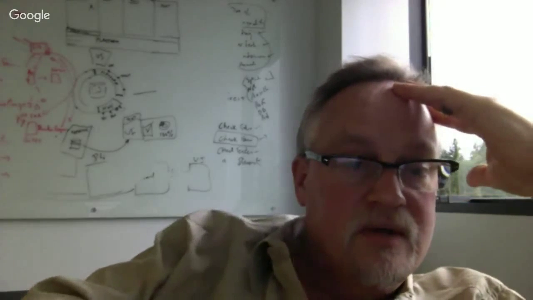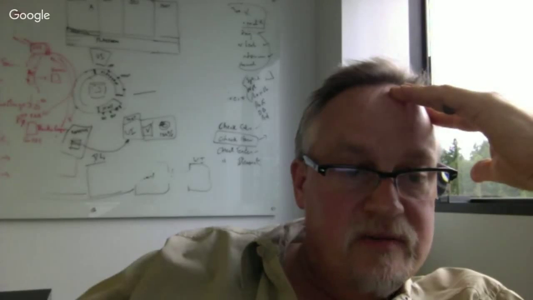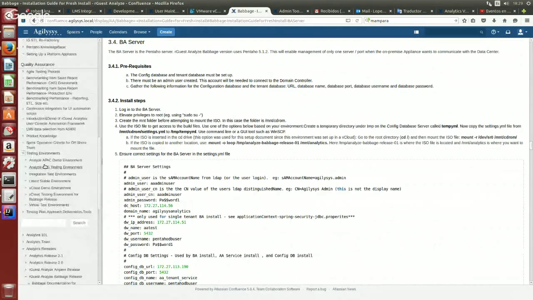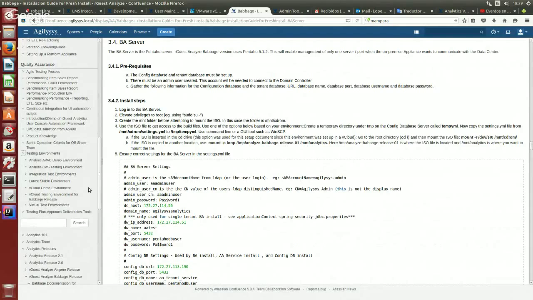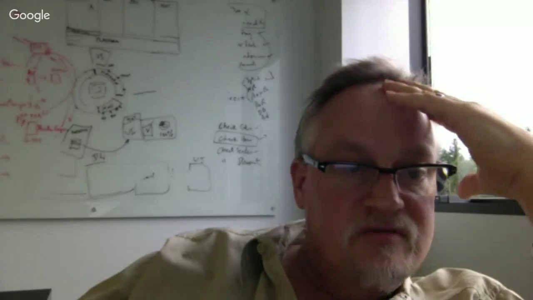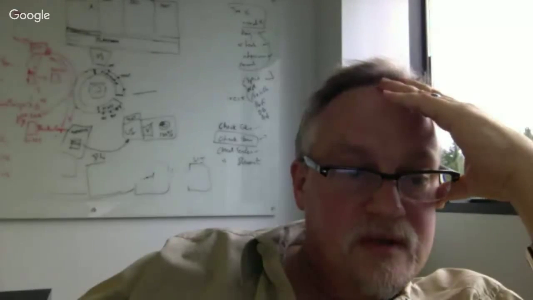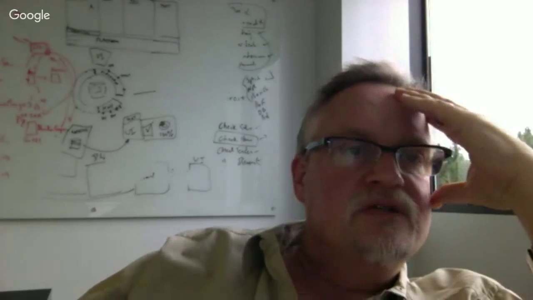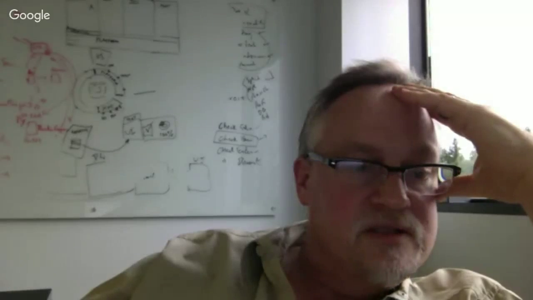There, go down to testing environments and open it up, and then we should see those are the testing environments. I don't see it. Let me just flip over to mine and look, because it's easier for me to see.